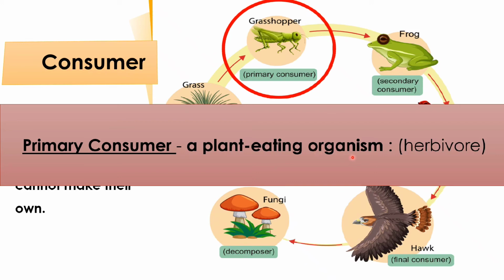Technically, a primary consumer is a herbivore. They are the animals or insects who only eat plants. Since our producer is a plant, of course our primary consumers are the plant eaters, or what we call the herbivores.